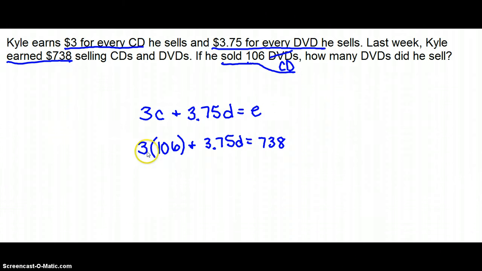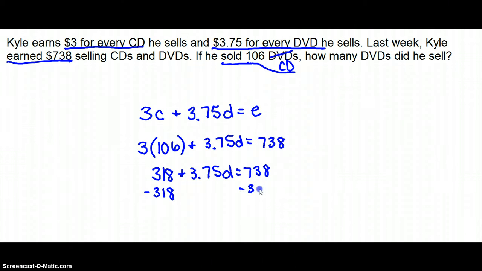So now we need to multiply 3 times 106, which will give us 318 plus 3.75D. We can isolate the D by first subtracting 318 from both sides. 318 cancels on the left.